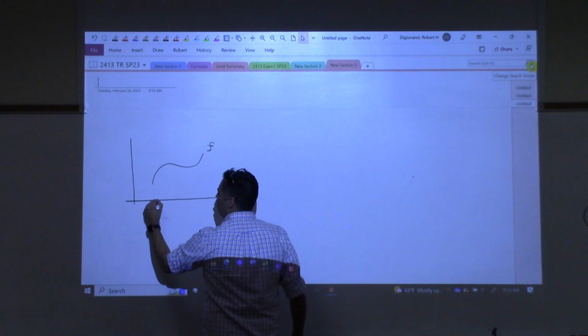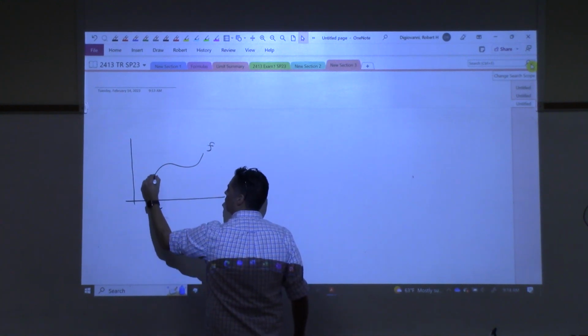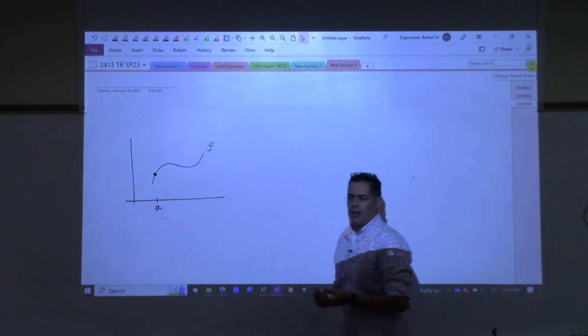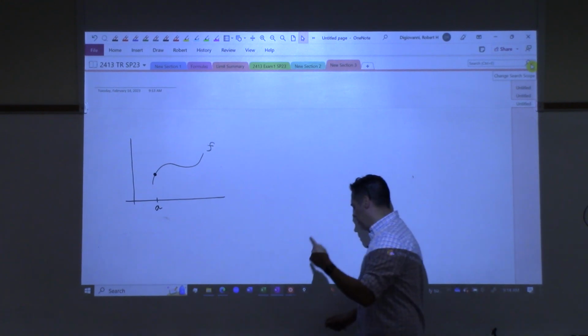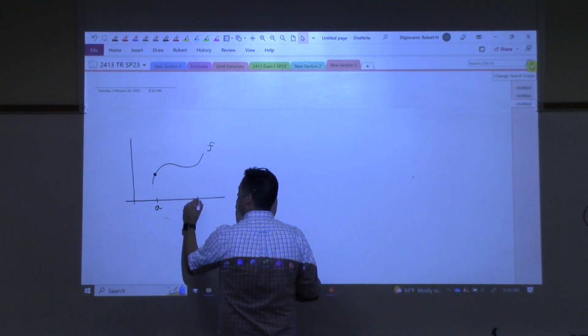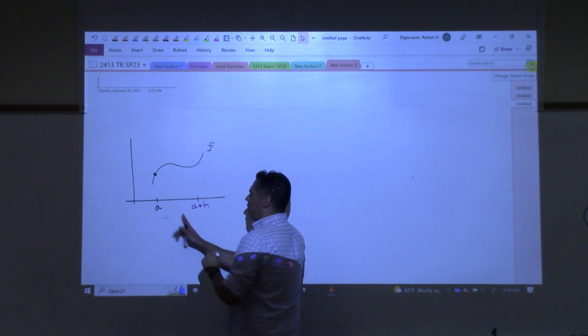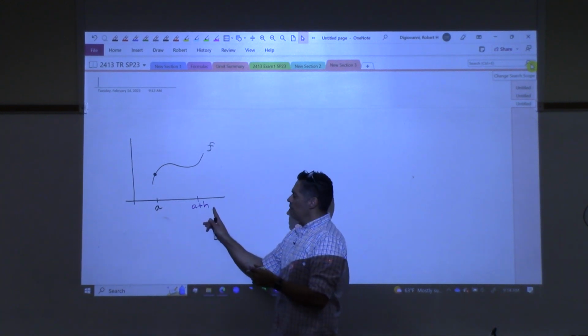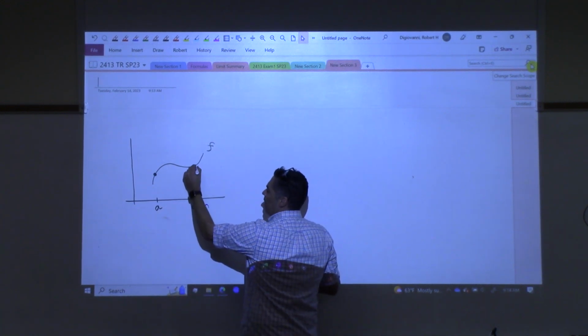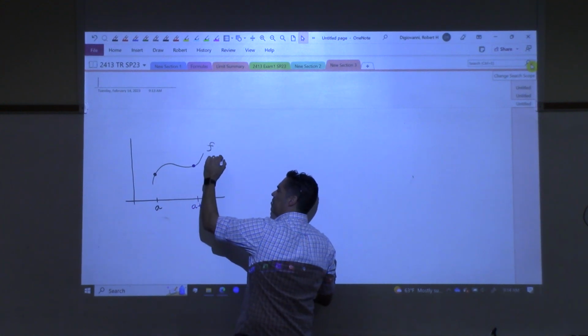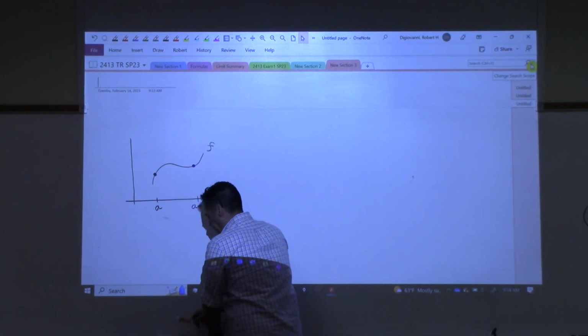I picked some point over here, a, right? And then I picked another point to the right of it, which I called a plus h. It's whatever that number is plus something. And then I got that point. And then we connected these 2 points with a line.